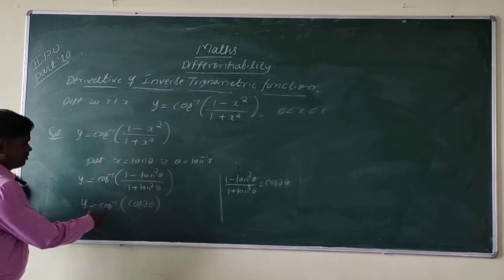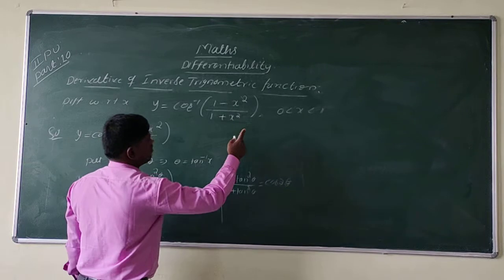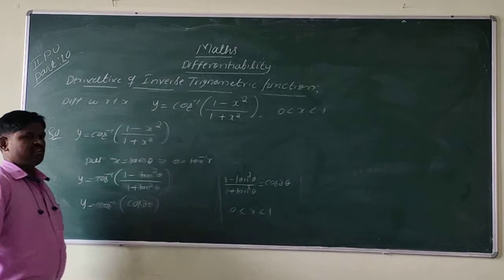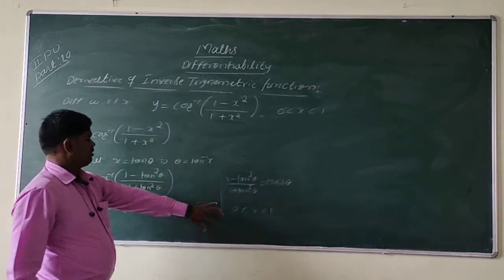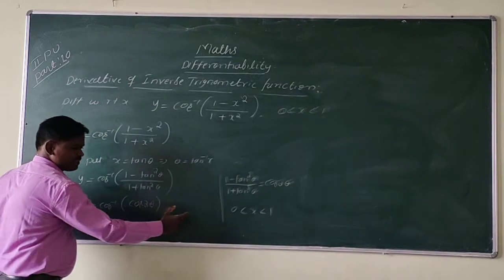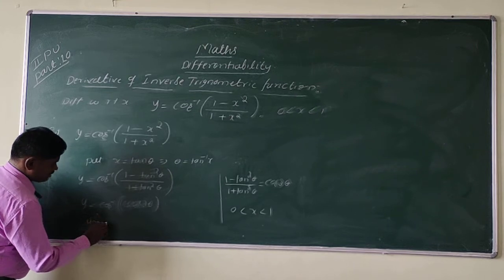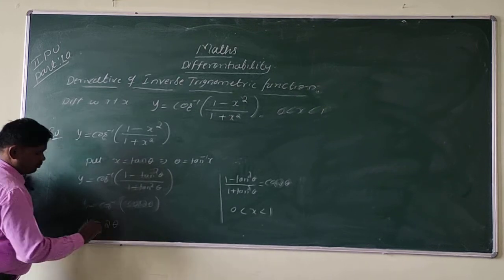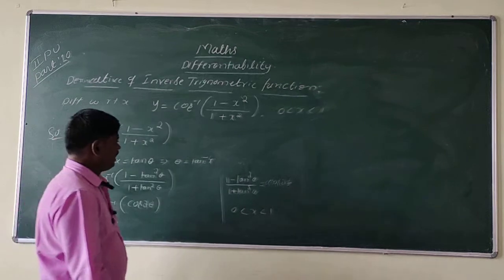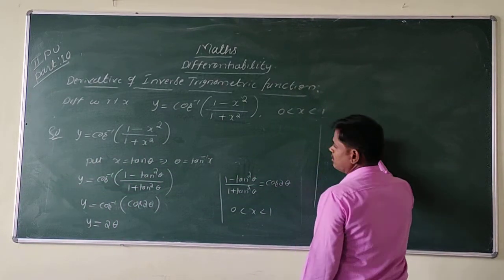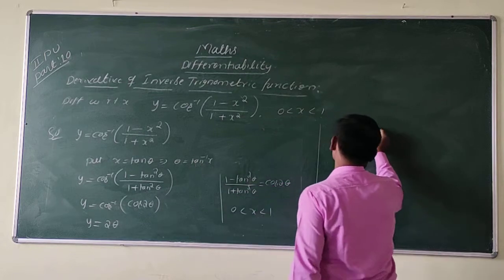Due to the region 0 less than x less than 1, when converted in terms of theta it lies in the interval, so the cos inverse and cos vanish, and we get y is equal to 2 theta. Theta is equal to tan inverse of x.